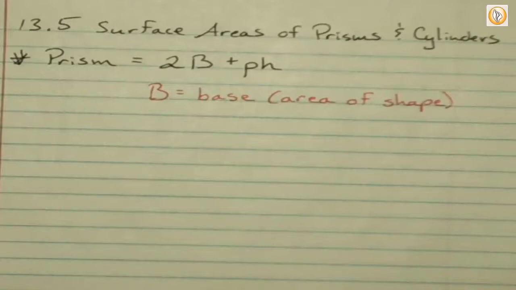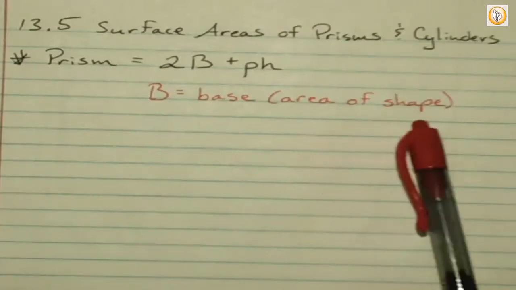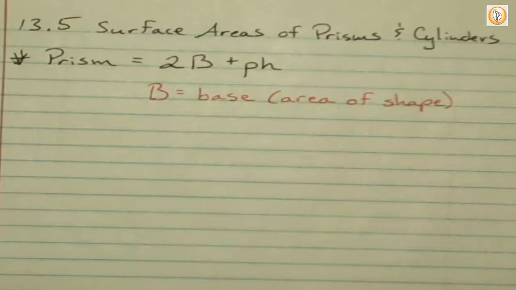For example, if this is the base, it's not just how it sits. It could sit like this, right? If this is the base, what shape is that? Triangle. So we would do the formula for the area of a triangle.